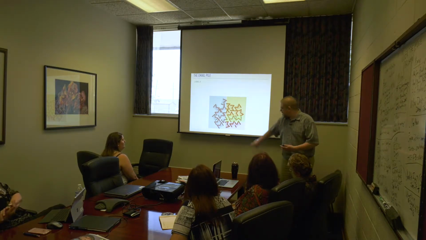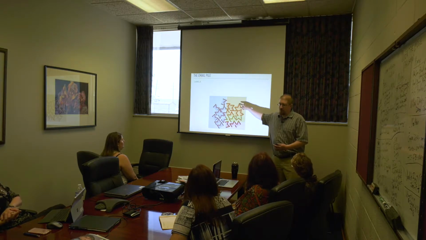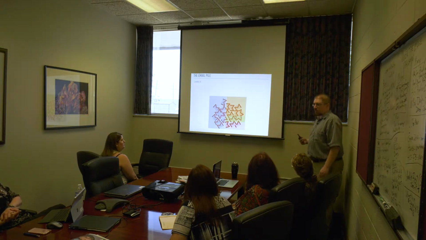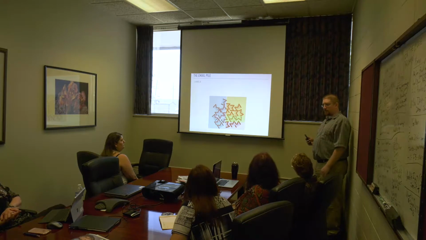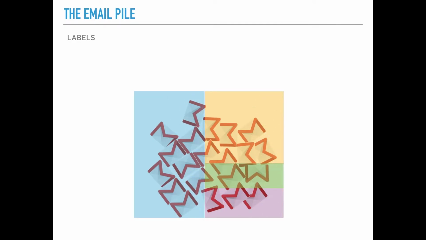If you'll notice on here, some of these emails have multiple labels. You can put an email into multiple folders without having to copy it like you would in Outlook. So it's a little bit different than how the folders worked in Outlook, but that's how the labels work in Gmail. The other cool thing about a label is you can search specifically for a label with the search too. That's another search operator.